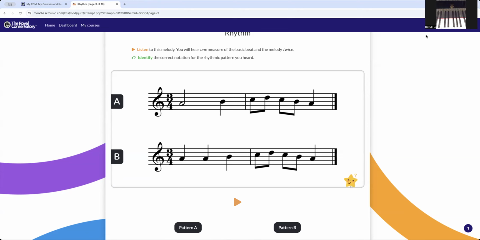Okay, cool. Perfect. So let's listen to it. Okay, listen to this melody and tell me which one you're going to choose, A or B. Sounds good? A or B. Okay.